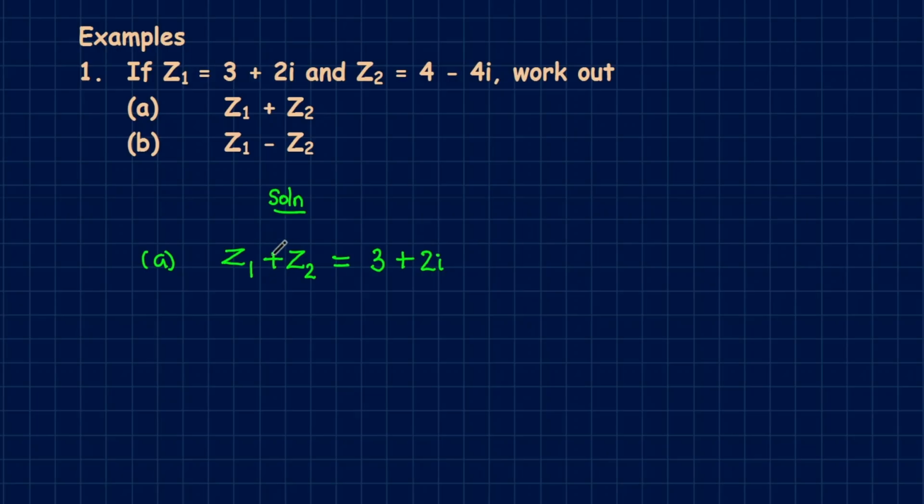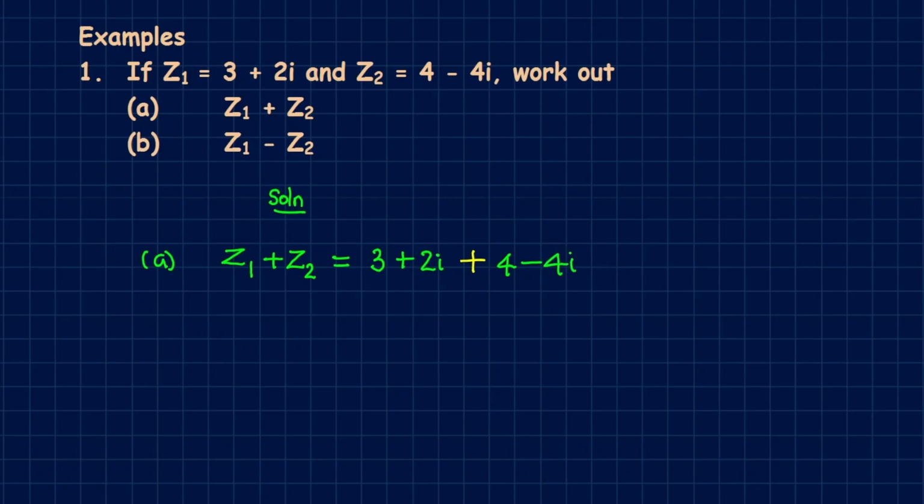And we're adding, so we say plus, and maybe let's use a different color for this, such that it looks a little bit unique, so that it does not interfere with what we had earlier on. And the second one is Z2, with complex number 4 minus 4i.